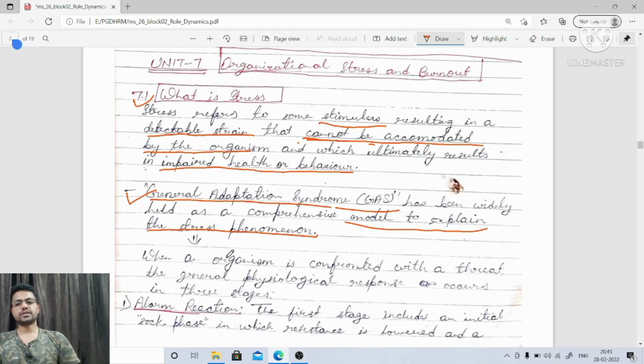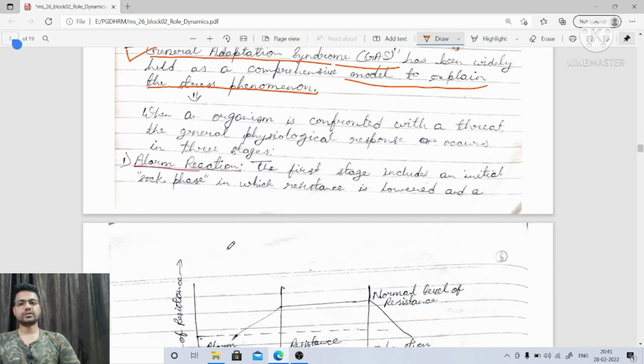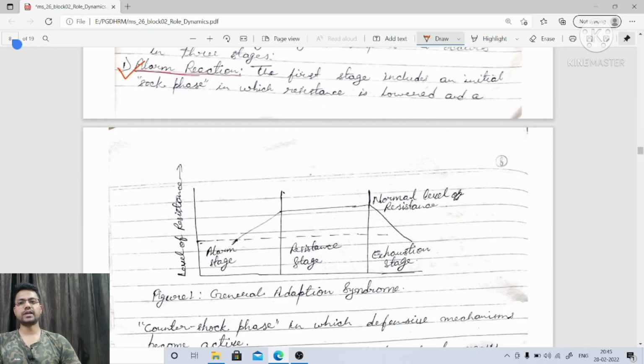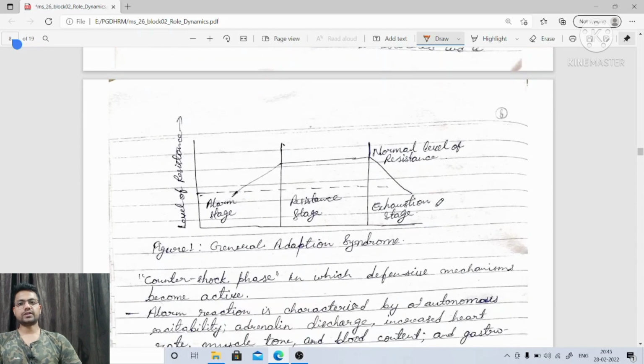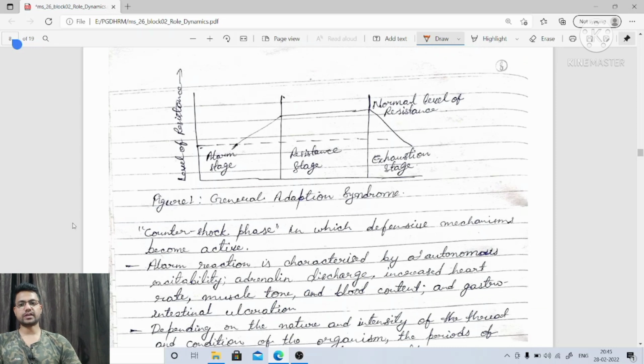So the first is the alarm reaction. This is the first stage. So what happens? The first stage includes an initial shock phase in which resistance is lowered. Now here you can see in the diagram, this is the alarm stage.